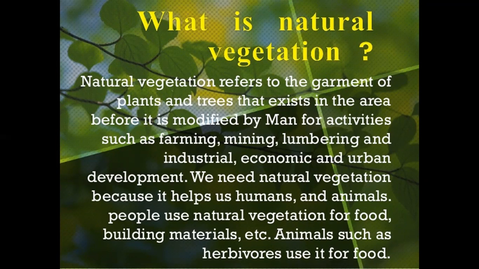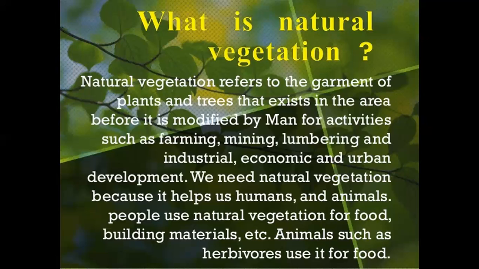Natural vegetation is basically a garment of plants and trees that exist in the area before it is modified by men for activities such as farming, mining, lumbering, and industrial, economic, and urban development. So these types of plants and trees grow naturally without any human intervention.